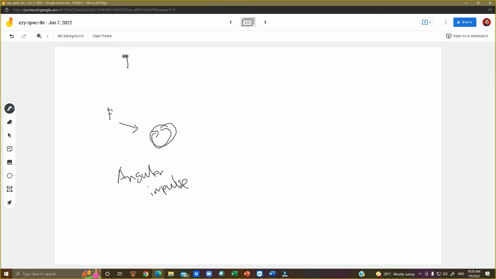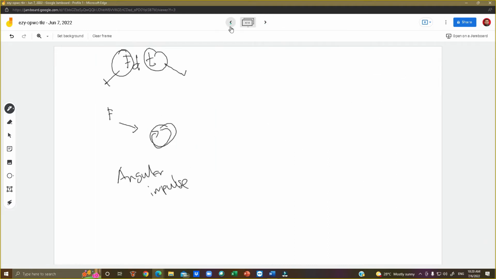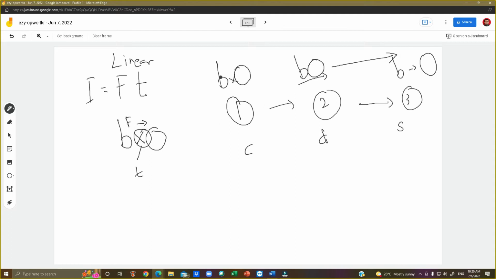So we have F, we have D, we have T. F is clear, the amount of force being given. T is the contact time between force and ball, means the drive phase. F earlier is the contact phase.